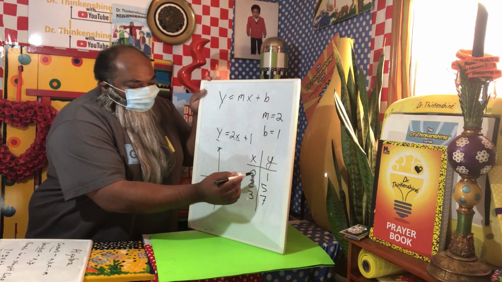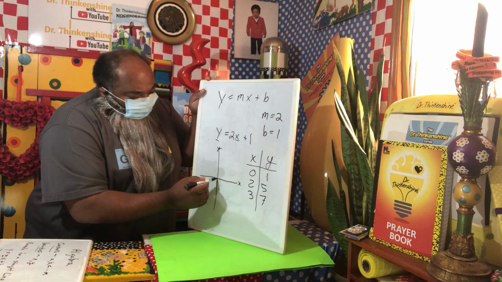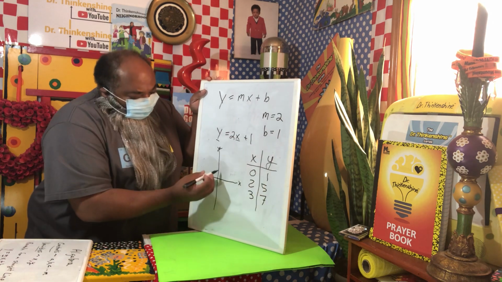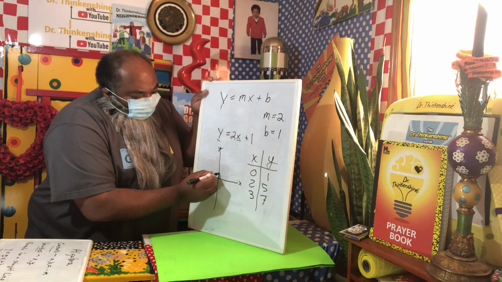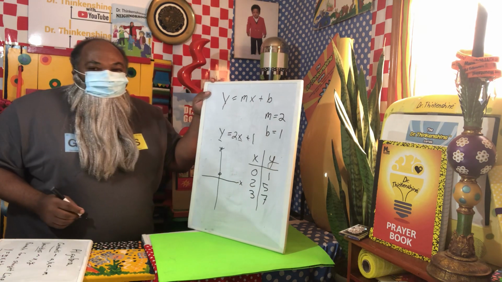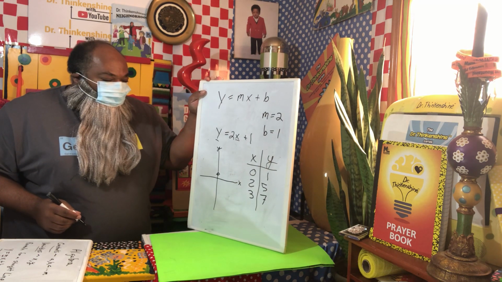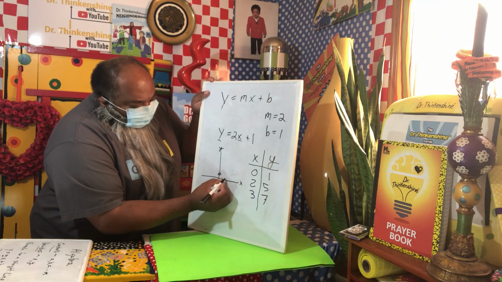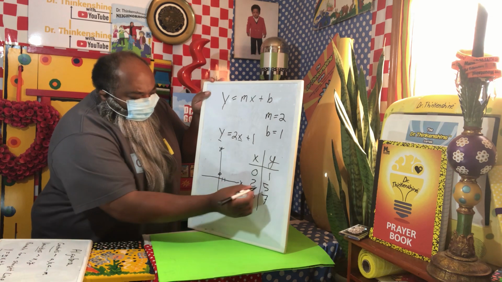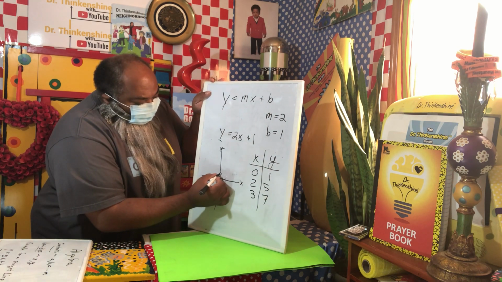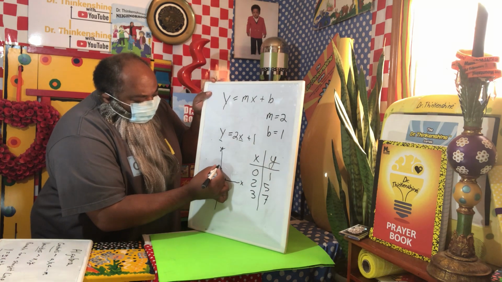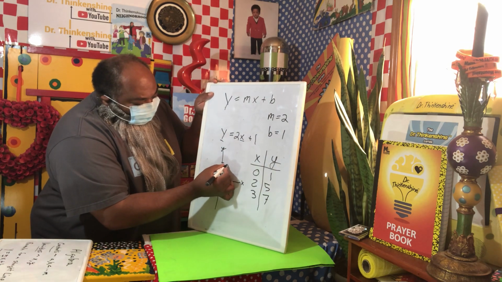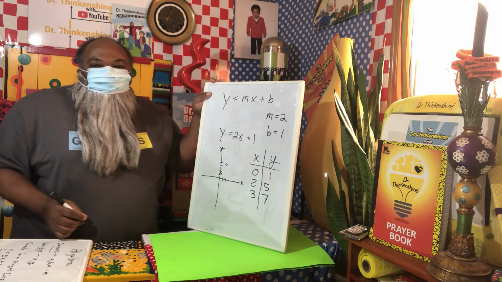If we go to the point that's 0 on the x, right here at the origin, and up 1 on the y-axis, this will make our first point at 0, 1. Our second point: over 2 on the x-axis, up 5. That's our second point on the line.